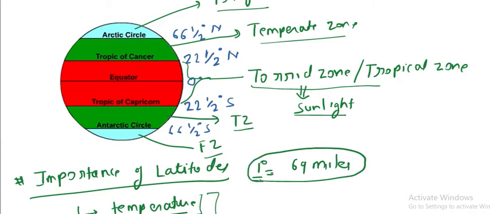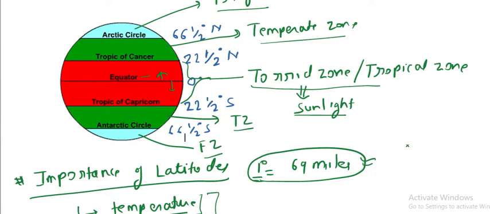So as we move away from the equator, towards the north or the south, if you move 1 degree, that place will be about 69 miles away from the equator. So by knowing the latitude, we can determine the distance of that place from the equator.